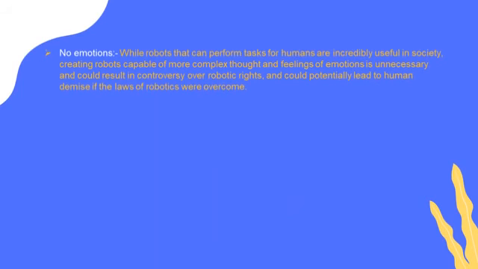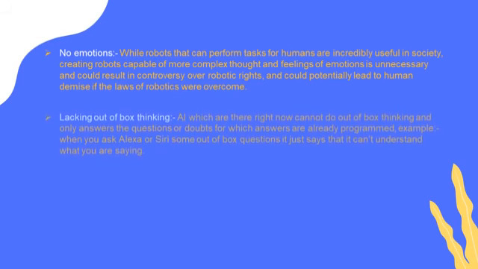Let's see about some more disadvantages of AI, like no emotions. While robots that can perform tasks for humans are incredibly useful in society, creating robots capable of more complex thought and feelings, of more emotions, is unnecessary and could result in controversy over robotic rights, and could potentially lead to human demise if the laws of robotics were overcome.